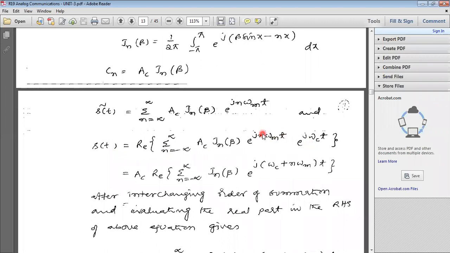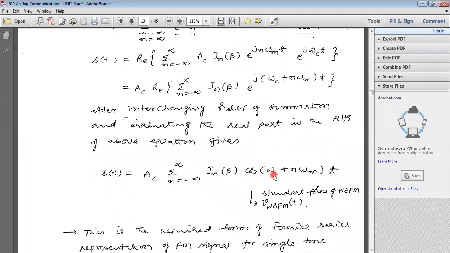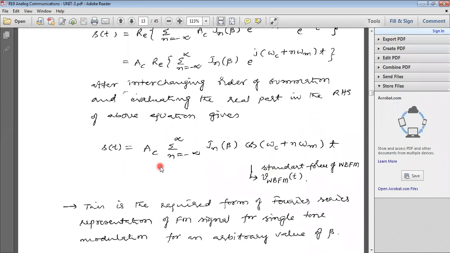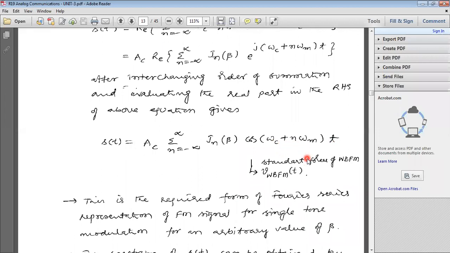So you substitute the complex envelope, and by taking the real part, we have the final expression as AC into sigma n equal to minus infinity to infinity Jn beta cos of omega c plus n omega m into t. So it is the standard form of wideband frequency modulation.